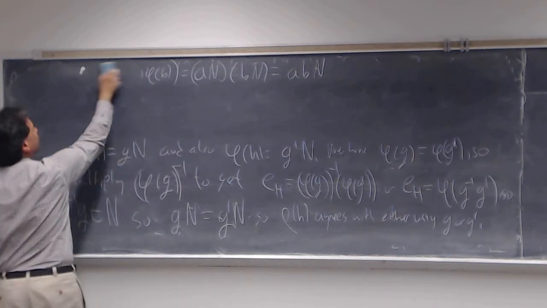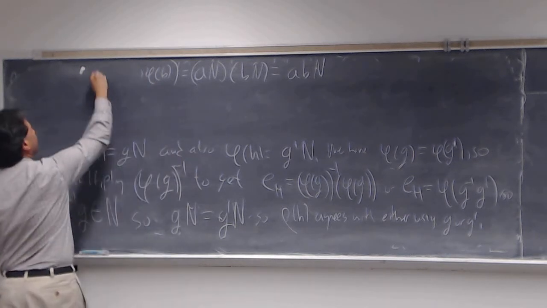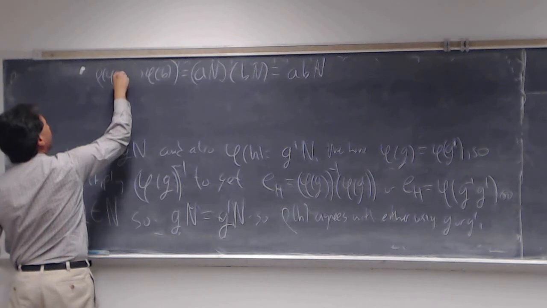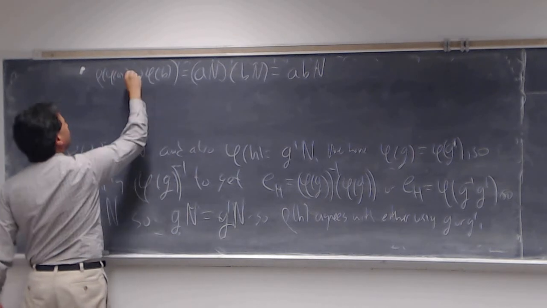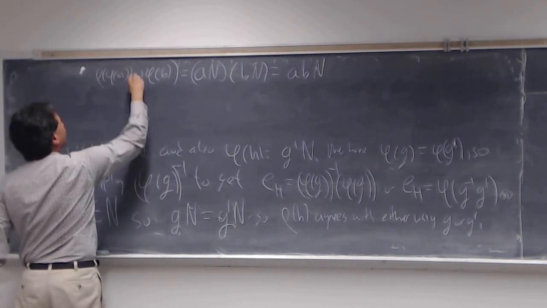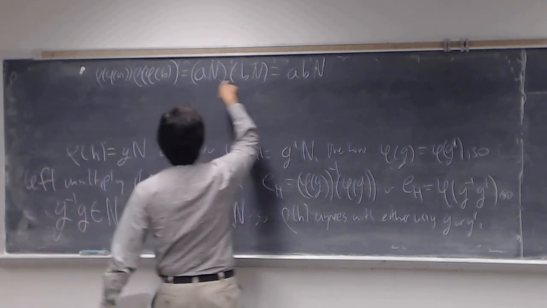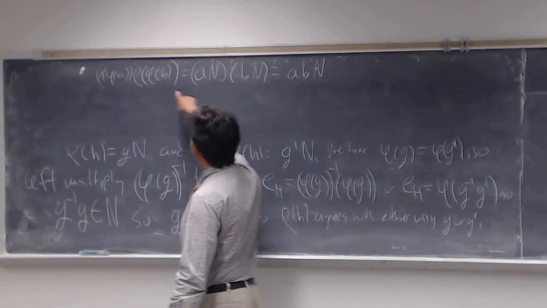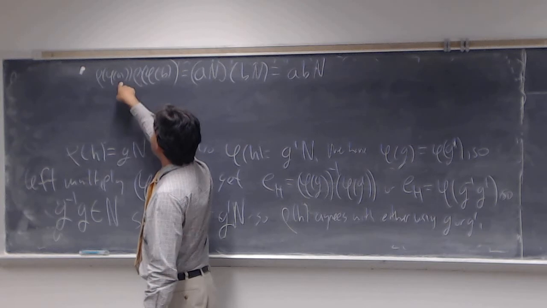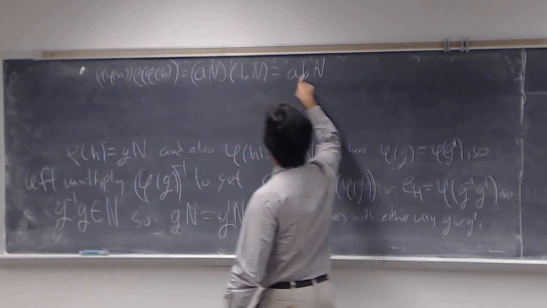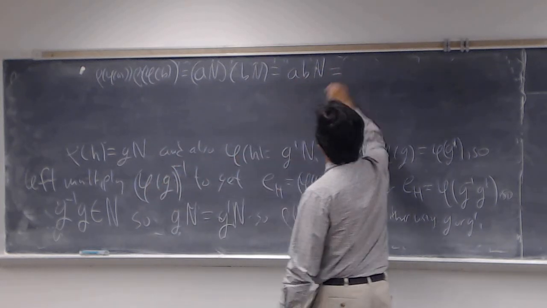So aN is rho of phi of a, and bN is rho of phi of b. And so that's equal to these two separate cosets, right? I'm evaluating these first, so I'm getting my cosets first, then I'm multiplying, that's how I multiply cosets.